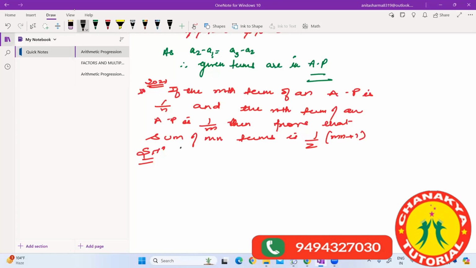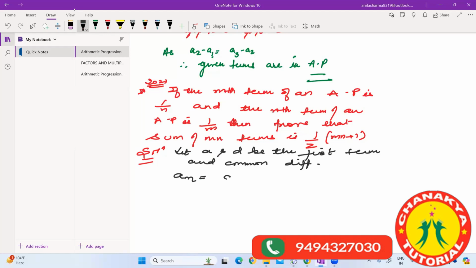See, let A and D be the first term and common difference. Now, we know nth term is equal to A plus n minus 1 into D, and this nth term is given as 1 upon m.